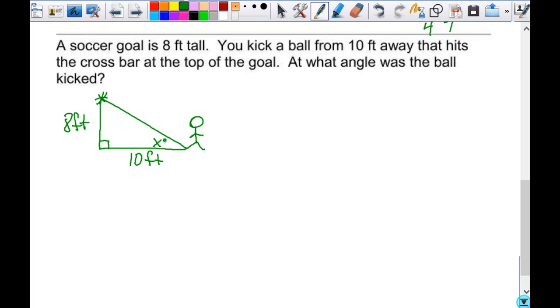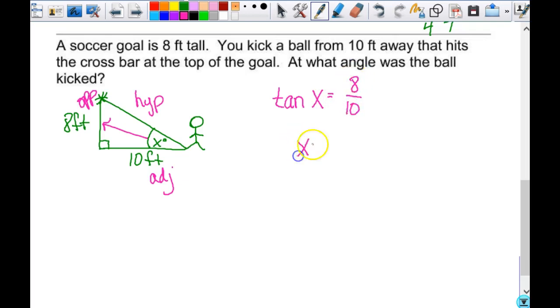All right, so now I'm looking for this angle. So I can label this. This is the opposite. This is the hypotenuse. This is adjacent, right? Which trig ratio am I using? Tangent. So the tangent of what? Tangent of X is equal to 8 over 10. So X equals the tangent inverse of 8 over 10. Okay? So you can find that inverse.